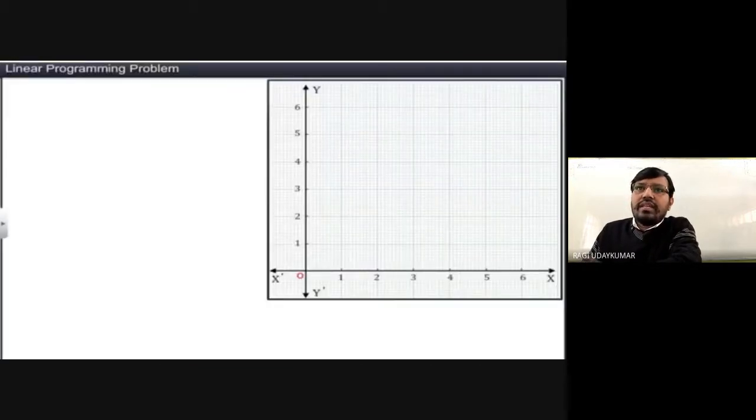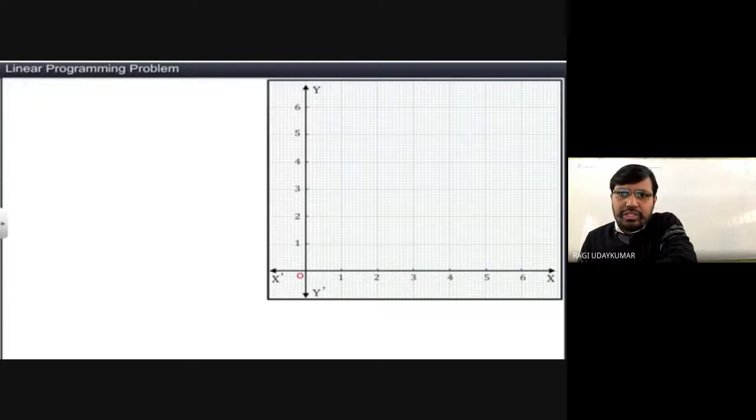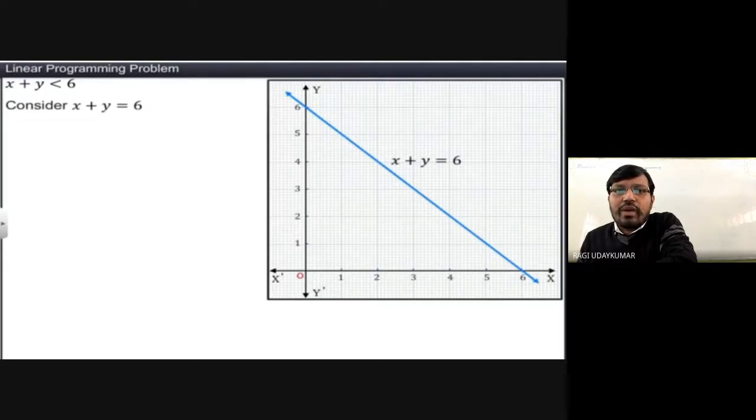First, in linear programming, you need to know how to find the solution of any linear inequality. If it is given x plus y less than 6, it will represent one half plane. First you have to draw the line which represents x plus y equals 6. How do we draw the line in the graph?